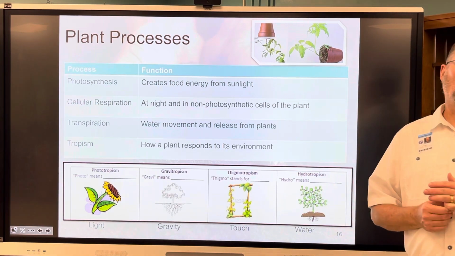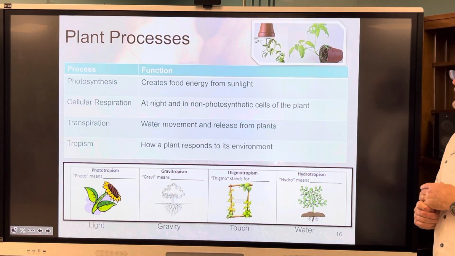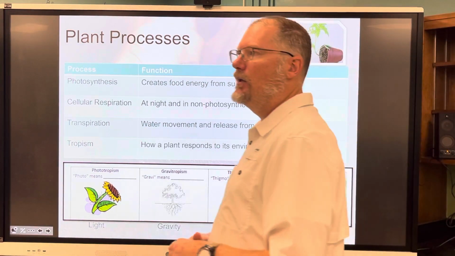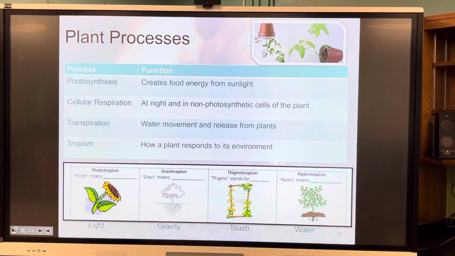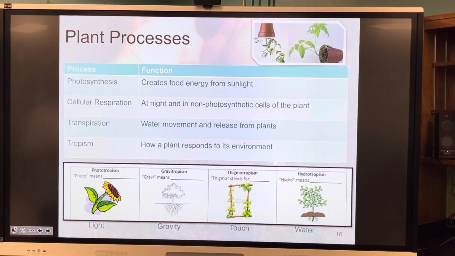And then something called tropisms. Tropisms, I think, are the most interesting thing that plants do. It almost makes you think that they have a brain, which we know they don't. They don't even have nerve cells, but there are theories that they can feel pain.